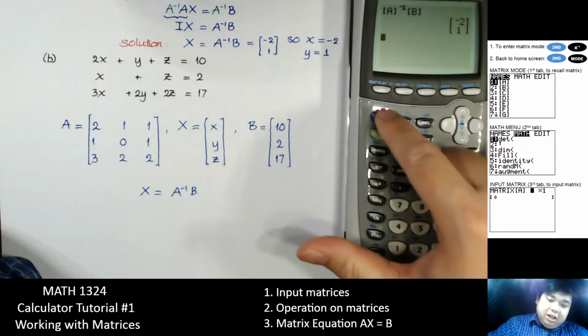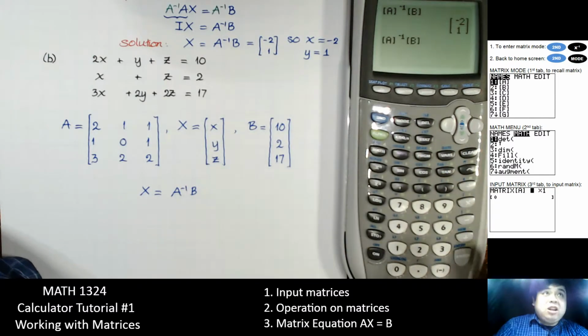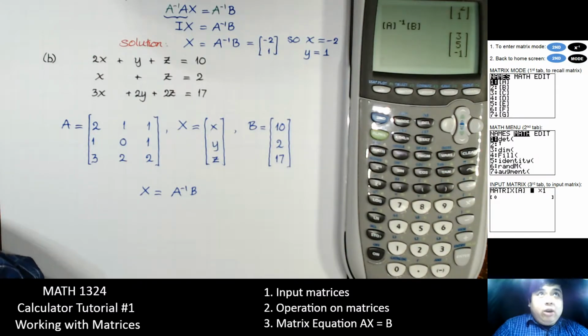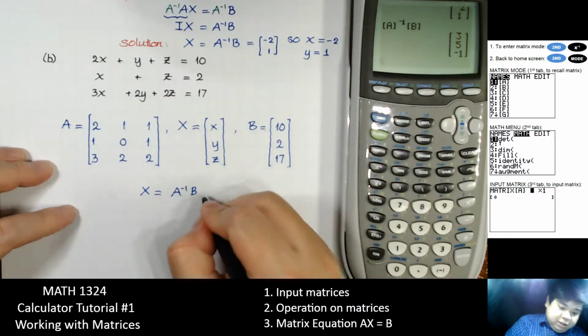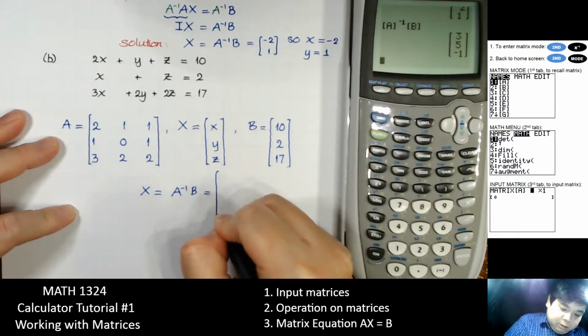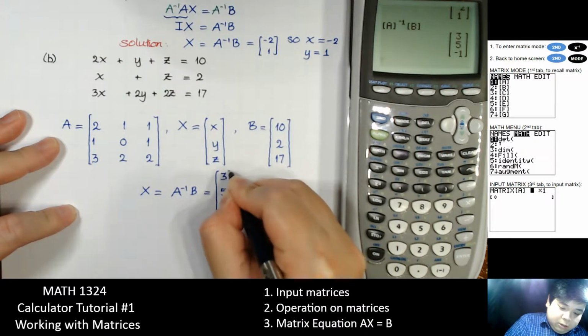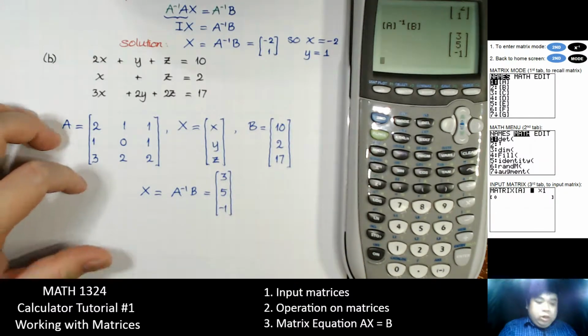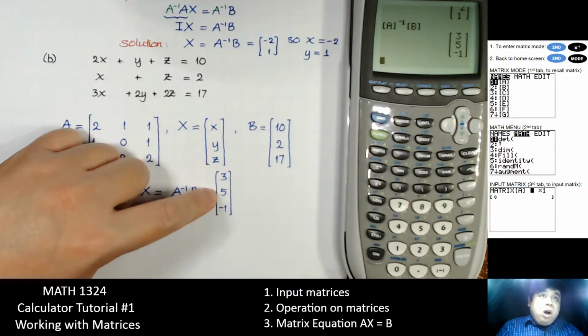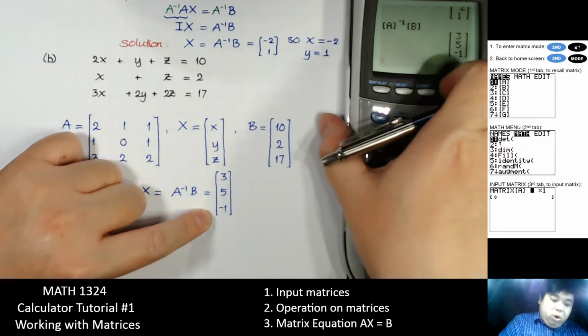So second, enter, that's the last entry, and we have 3, 5, and -1. So we say x is 3, y is 5, and z is -1.